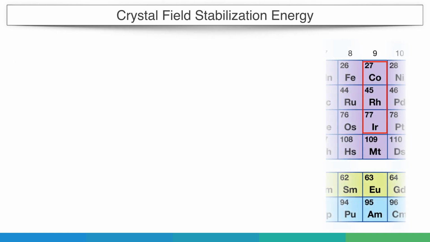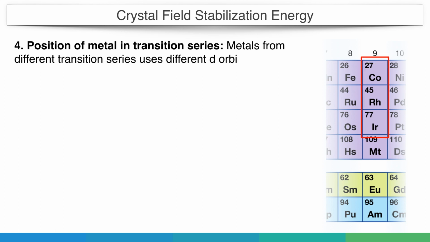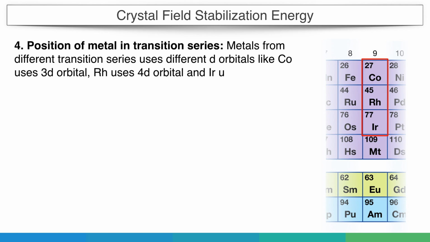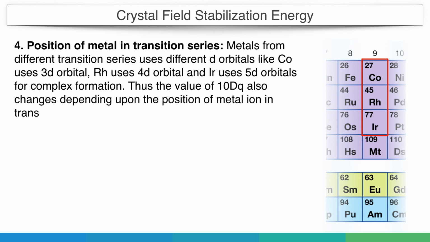And fourth, position of metal in the transition series. Metals from different transition series use different d orbitals, like cobalt uses 3d orbitals, rhodium uses 4d orbitals, and iridium uses 5d orbitals for complex formation. Thus, the value of 10 Dq also changes depending upon the position of the metal ion in the transition series.